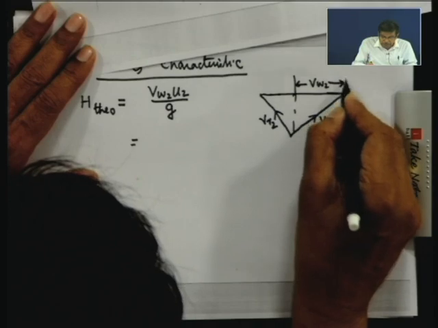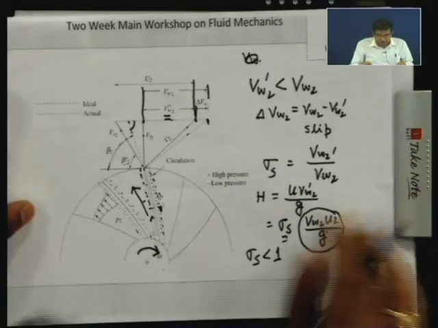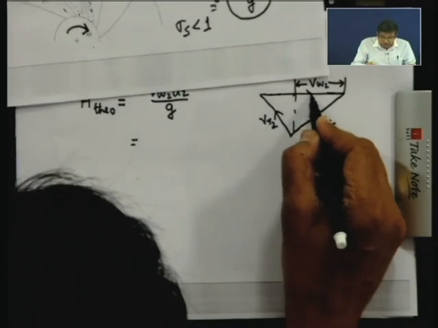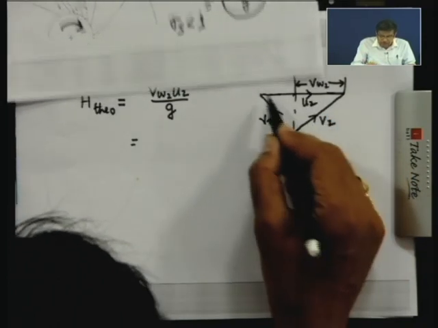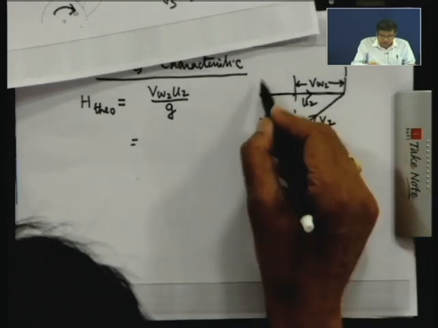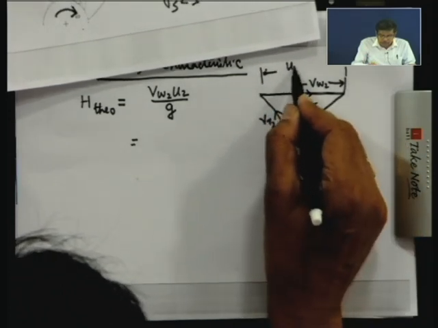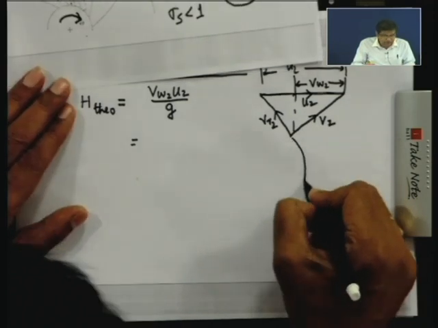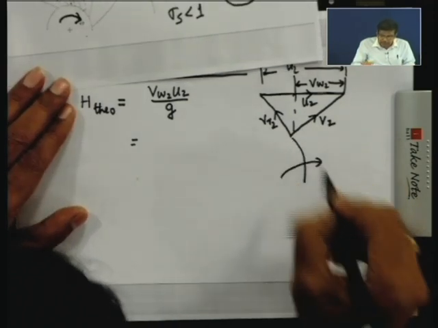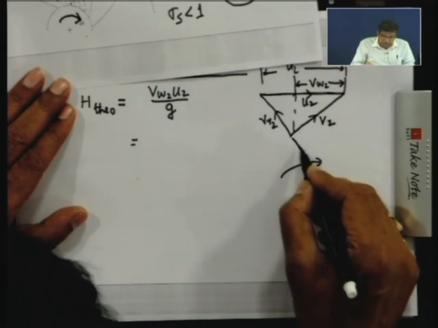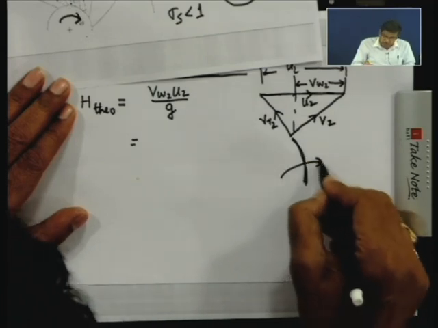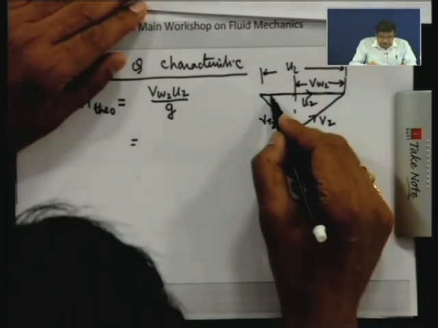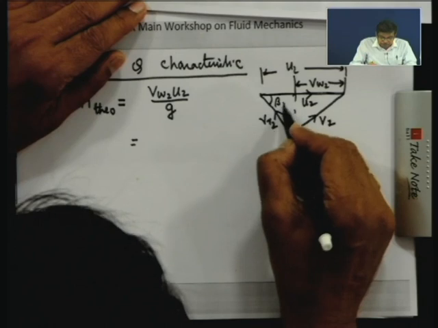I am taking this from the figure where I explained the slip. This is the U2 direction. This is the impeller and this is the impeller blade, a typical impeller blade, rotating in this direction with omega. So if I take this, then this is nothing but beta 2.